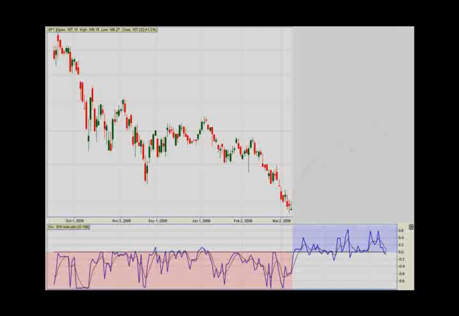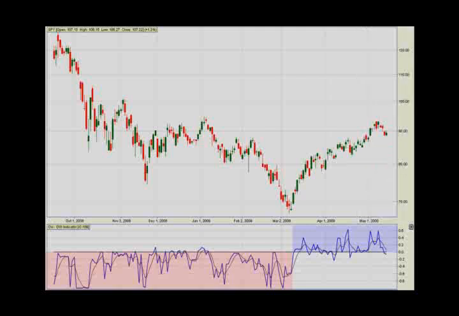Now, on the right-hand side of the chart, you can see that the OVI changes direction. It changes to above that center line. And guess what? The market is predominantly moving up. I must emphasize that the OVI has nothing to do with price, and yet, to the left of the chart, as the stock price is going down, the OVI is in negative territory, and to the right of the chart, as the stock price goes up, the OVI immediately goes into positive territory in the main.